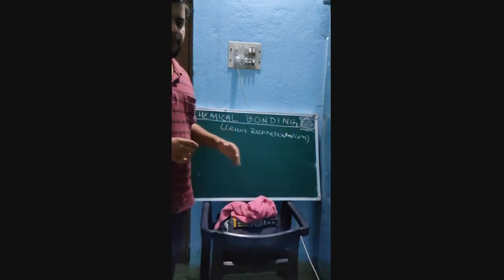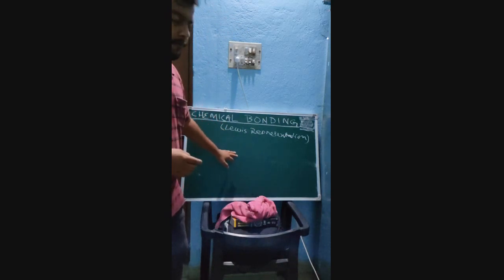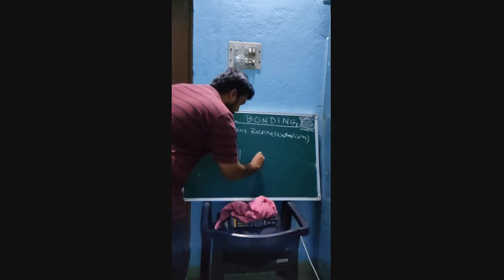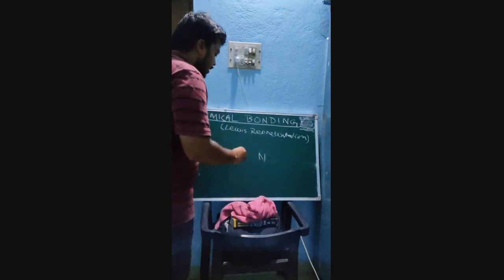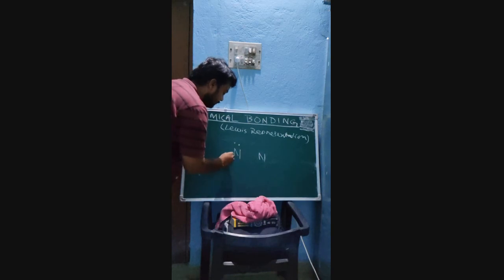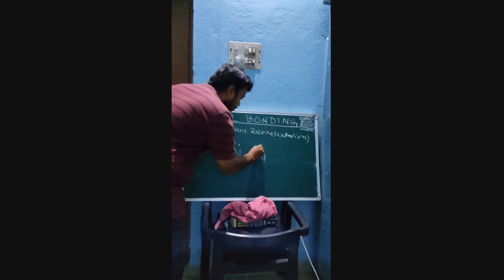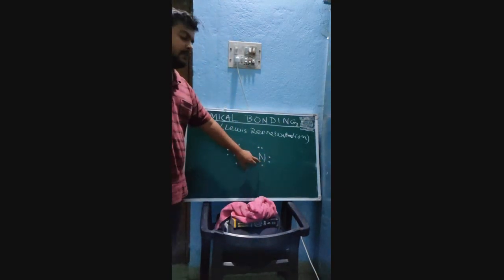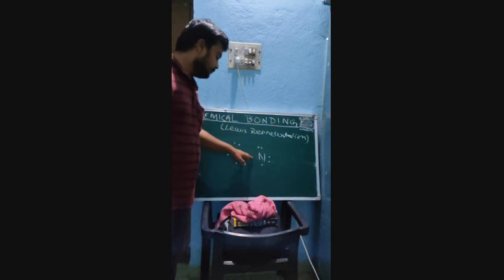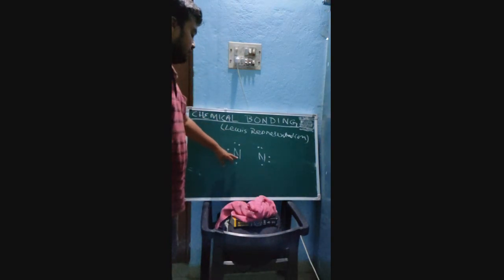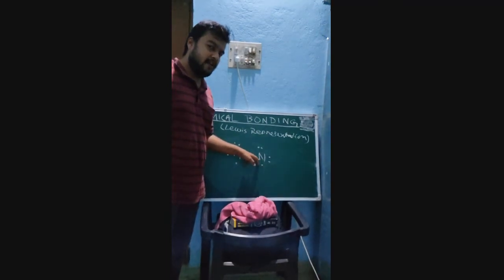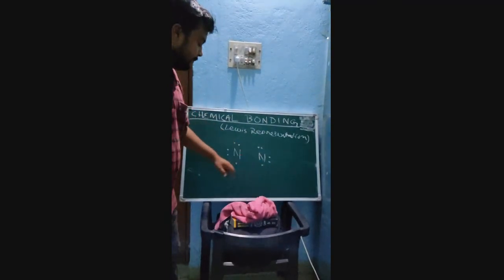So there is no concept of a central atom because all the atoms are the same. So I can write these 2 nitrogen atoms side by side. So these are the 5 valence electrons of each of the 2 nitrogens. Now this nitrogen needs 3 electrons and this nitrogen also needs 3 electrons to complete the octet.